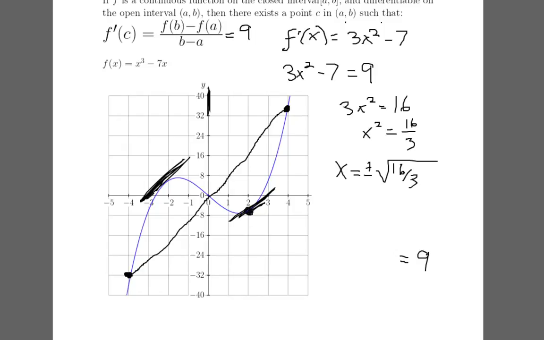We have about 2 here and a negative 2 here, since it's plus or minus. So that's how we would use the mean value theorem, if we didn't have the graph, to calculate exactly where those C points are, where the tangent lines have a slope equal to the secant line from A to B.